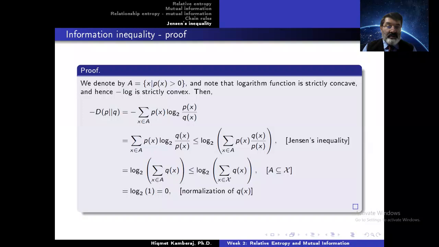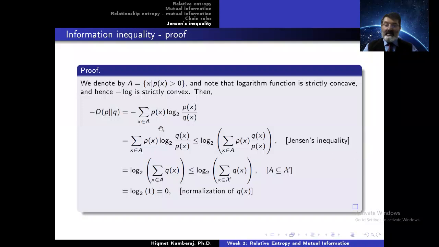Here I have used also the fact that the logarithm function of any base is a monotonically increasing function. Now q of x is a probability mass function, so the sum of all x from chi of q of x is equal to 1. Then log with base 2 of 1 gives me 0. Then we obtain what we wanted.